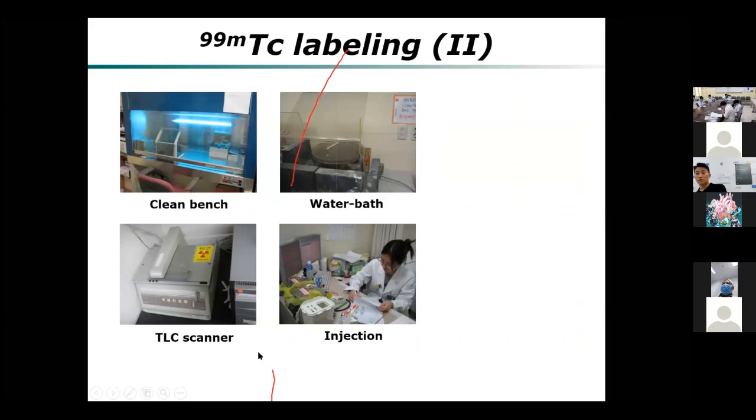And after that, we will see some examples about the importance of checking QC.